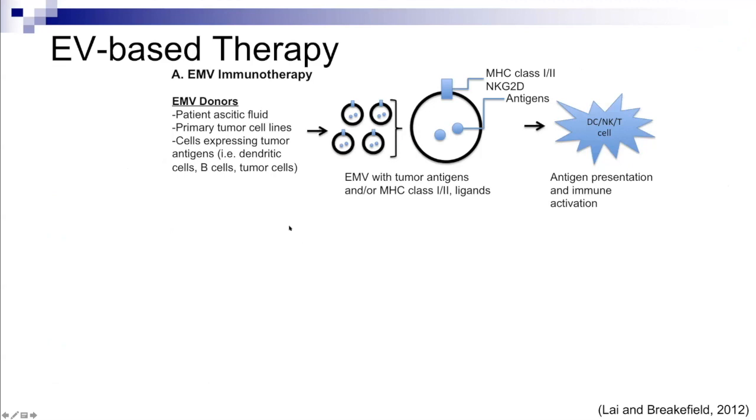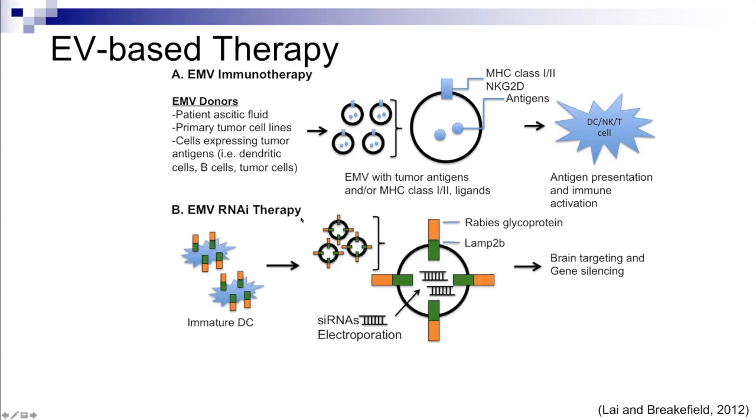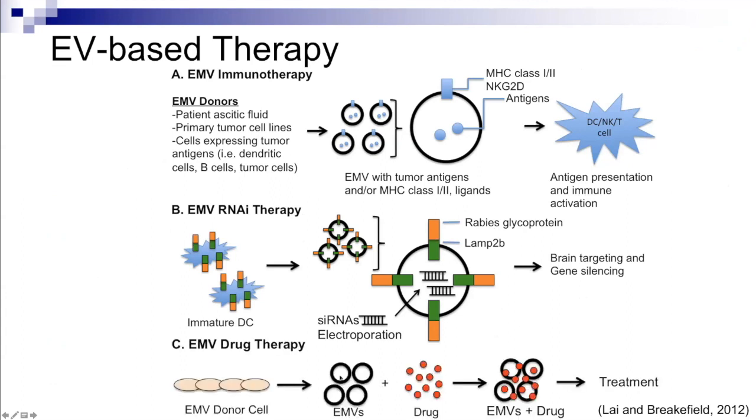There are many scientists who have done a lot of the early work, including using vesicles for immunotherapy, or for RNAi. This is from Matthew Wood's group, who used rabies glycoprotein for brain-targeted delivery, and they were able to deliver silencing RNA to silence the BACE gene. Now, there are other people who package anti-cancer compounds into the vesicles for anti-cancer therapy.